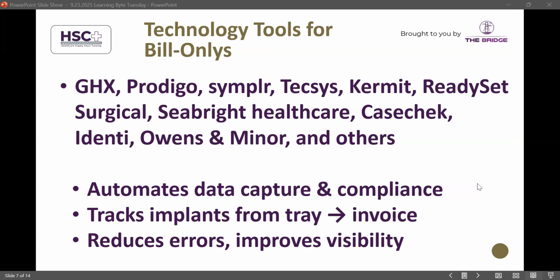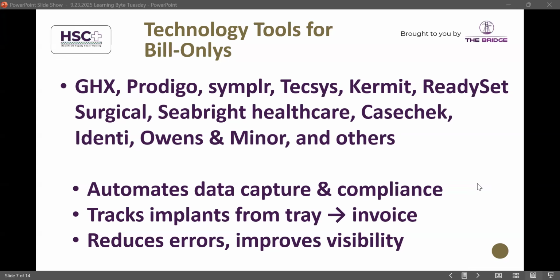Let's just say you have it capped that a certain surgery only uses a certain amount of screws. Kermit's tool and team actually goes into your contract, reads that. Let's just say there was a cap of 4 screws per case, and if there's a 5 on the bill only, they're going to push back on the vendor for you. So when we talk about compliance, Kermit hits that mark.